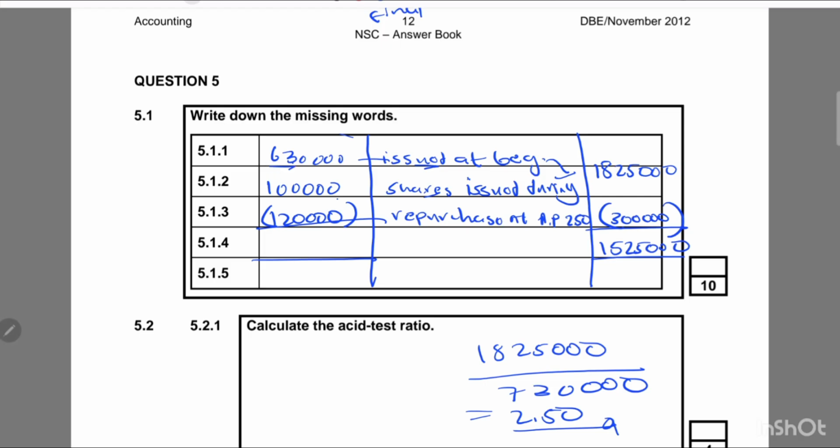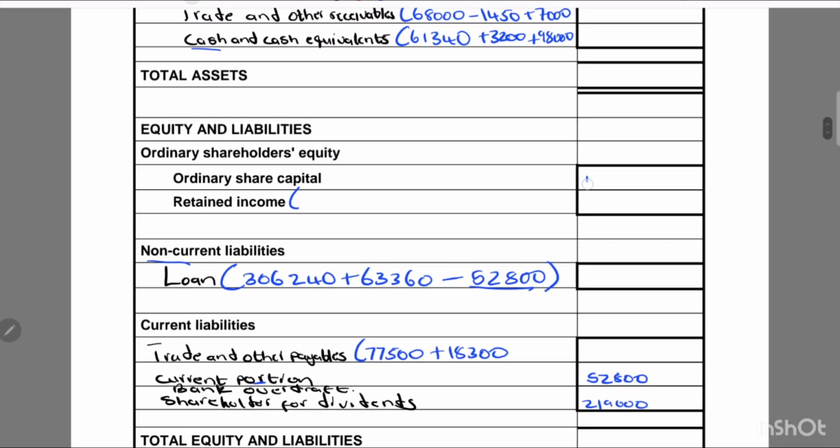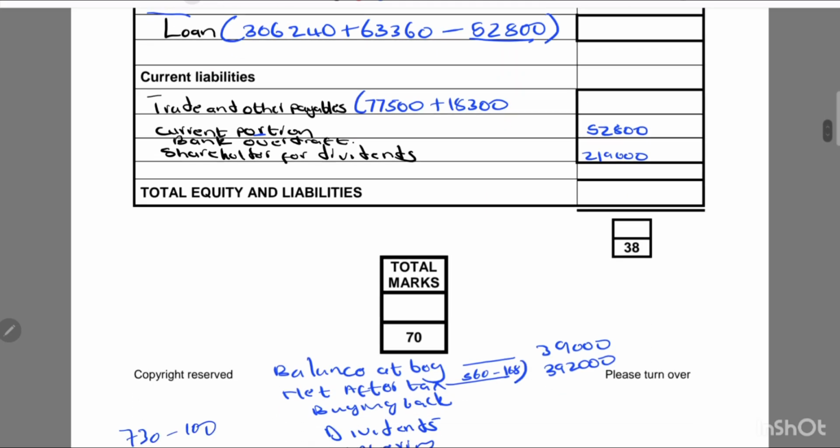It's going to be 630 plus 100 minus 120. It's going to be 510 shares issued at the end of the year. Then I'm done. Then you take this amount and you record it under ordinary share capital. I hope you understand this one.